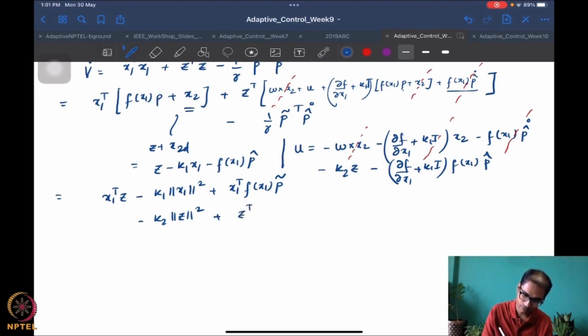This is what you get from the second piece. And finally, I'm left with minus 1 over gamma p tilde transpose p cap dot.